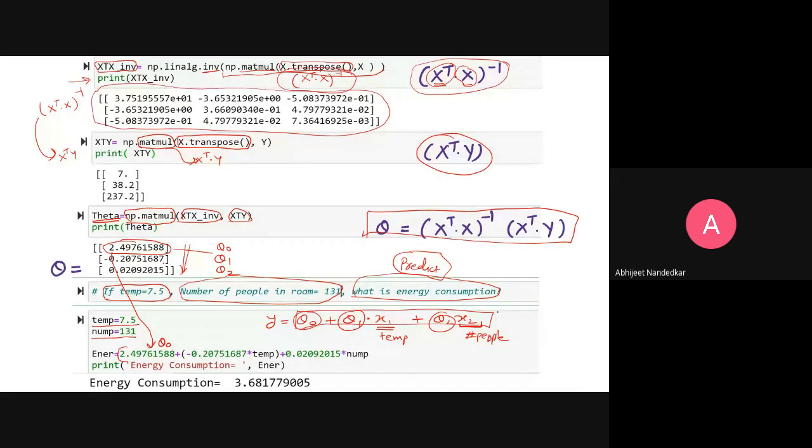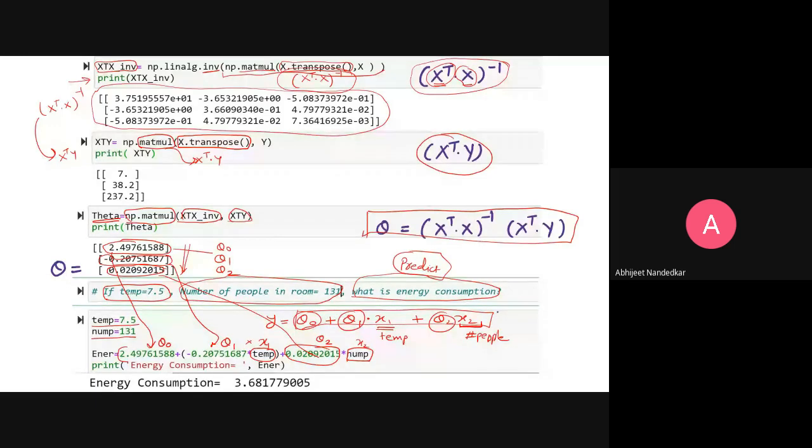The second number you can see here is written over here as theta 1. Then I write this multiplied by the first variable, that is temperature. Then I take the third component, this one, and it will go here. So this will be my theta 2 multiplied by x2. Same thing is written here.